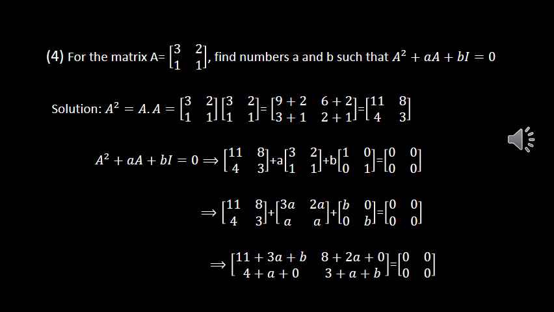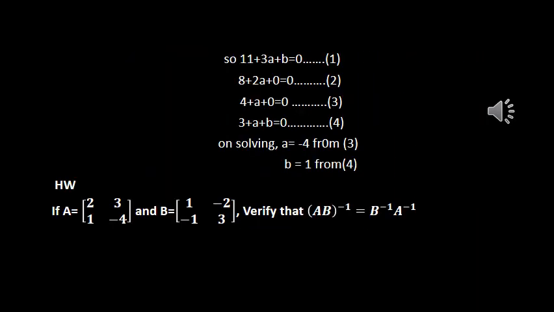We know when two matrices are equal, their respective elements are also the same. So 11 plus 3a plus b is 0, 8 plus 2a is 0, and so on. So these are the equations. On solving we got a equal to negative 4, b equal to 1.